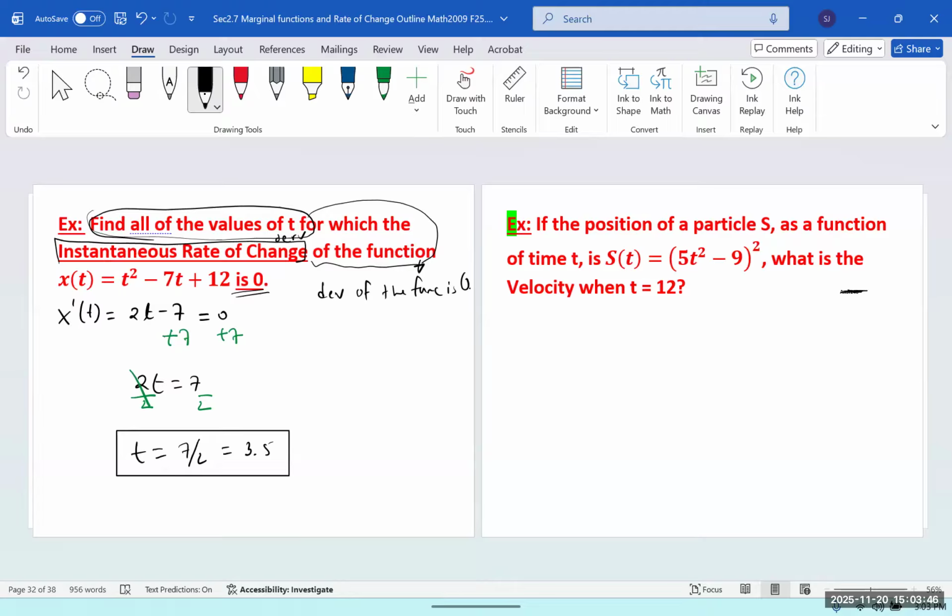Okay, the next one. If the position of a particle S as a function of time t is given by S of t equals (5t squared minus 9) whole thing squared, what's the velocity for t equals 12?